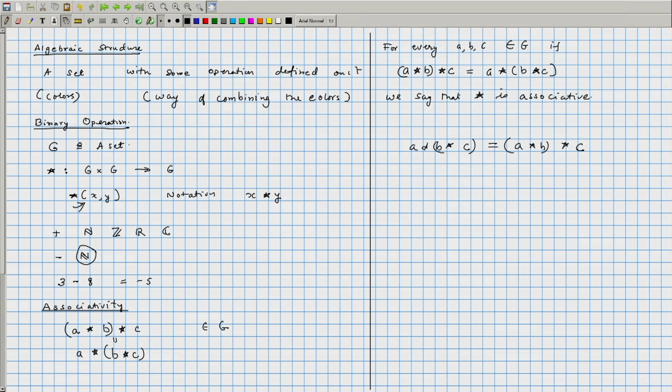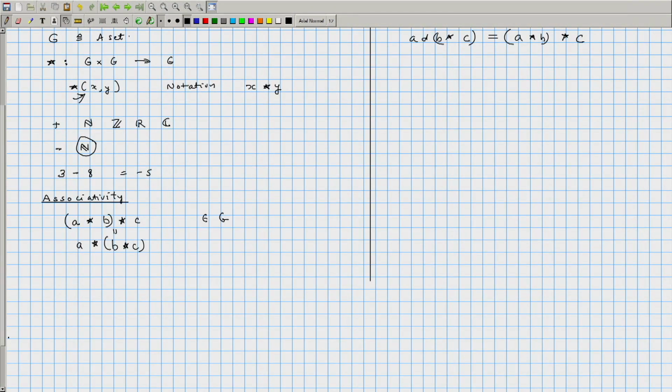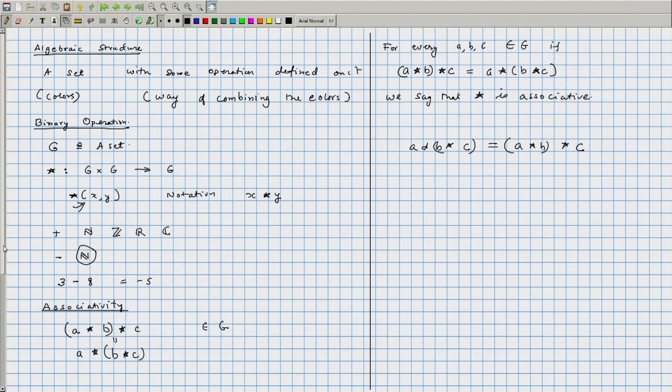In fact, it had an additional property. We were just bothering about combining 2 colors. Which one is written as the first color and which one is written as the second color does not really matter. That is called the commutativity property.